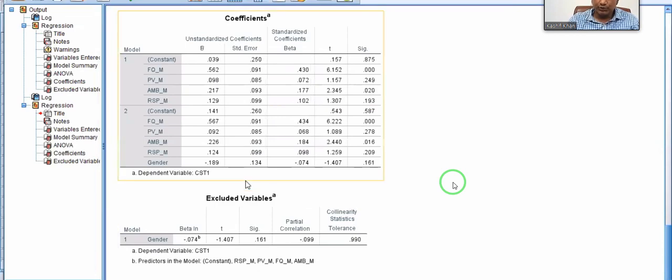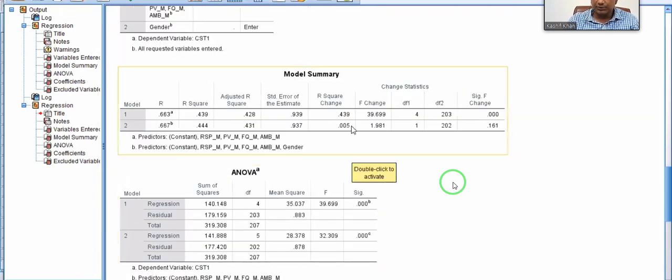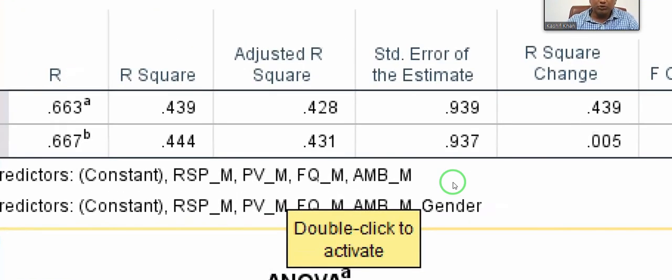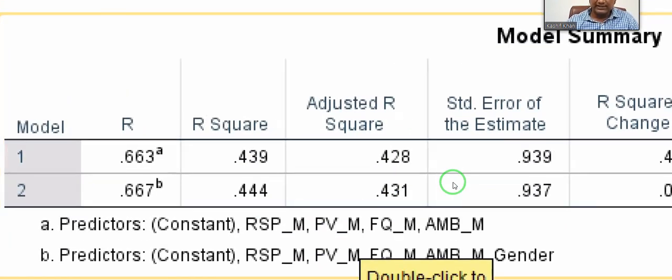Yeah, we should be doing this one, not stepwise. Look what I did. I ran the same model by putting gender in the box too, and look what it did. It's showing me two models now. The first model as it is.